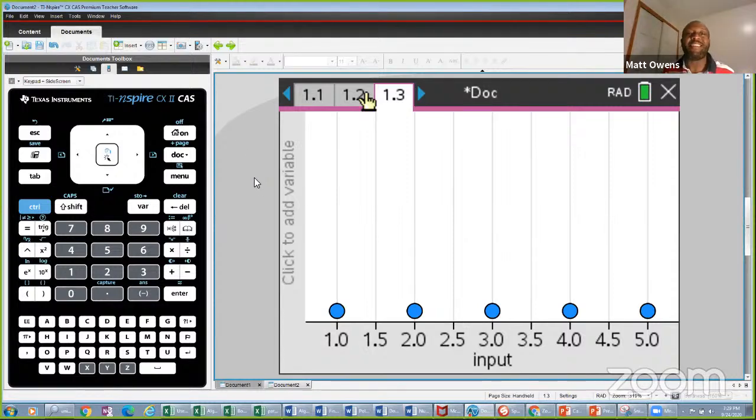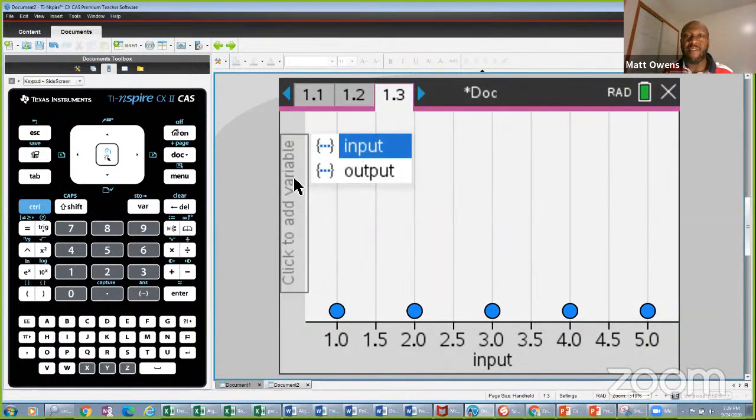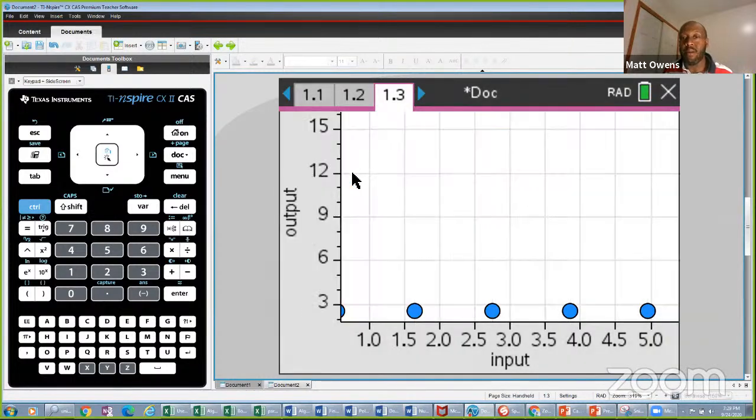And then on another series, later on in an upcoming series, you'll know how these dots can actually promote statistical thinking with dot plots and other things. But in this case, I'm going to go ahead and declare the dependent variable, which will be output. And voila. This is what we have here.